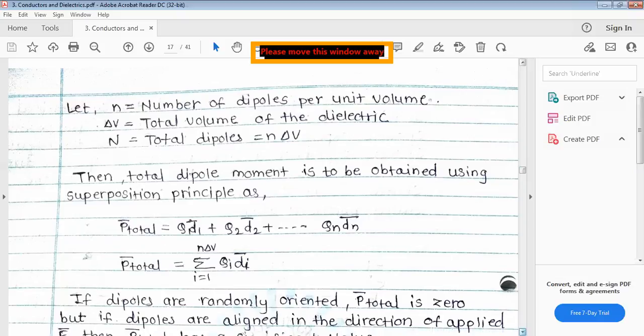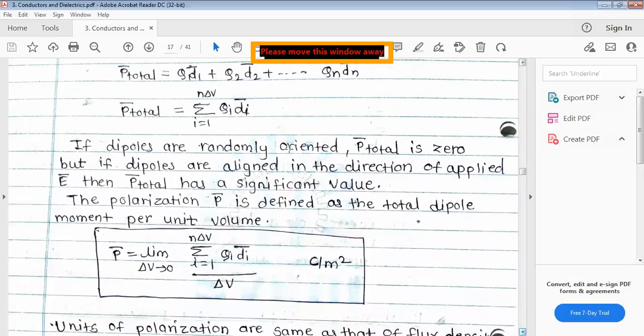If the dipoles are randomly oriented, this P bar total is 0. But if the dipoles are aligned in the direction of the applied E bar, then P bar total has a significant value.